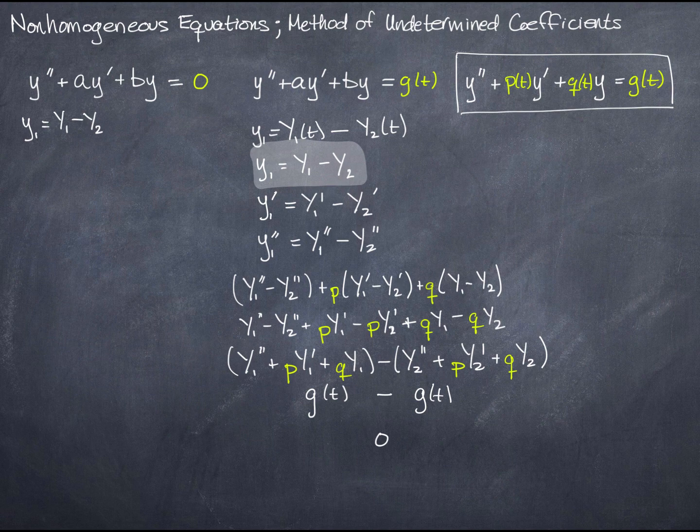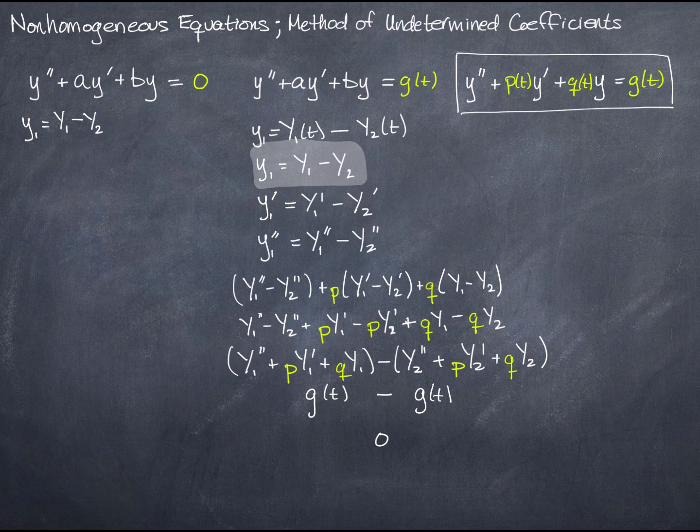But I still end up with y double prime plus Py prime plus Qy. So that's still going to be equal to g of t. This one is still going to be equal to g of t, and I'm still going to get 0. So this thing that we did here applies even to non-homogeneous equations with non-constant coefficients.